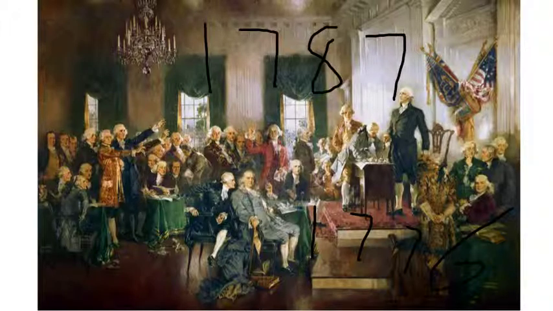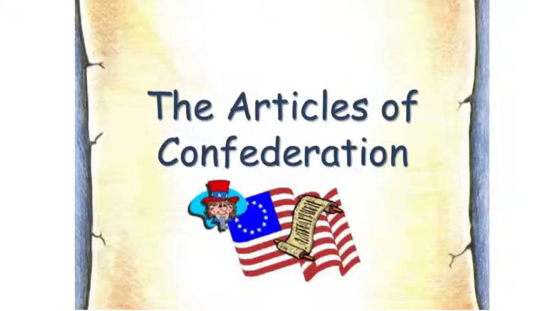The first constitution that they created was called the Articles of Confederation, and as we learned in class, it did not last long. The Articles of Confederation was definitely a failure in government. Some of the concerns that the colonists had were they did not want to make a government that was too strong.